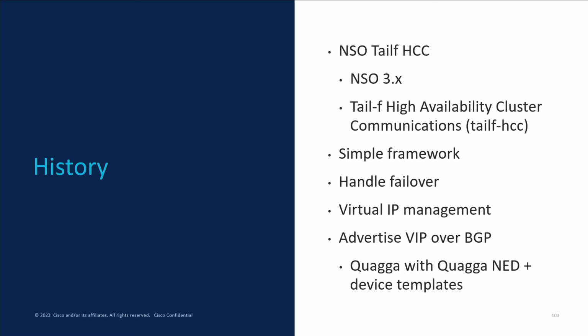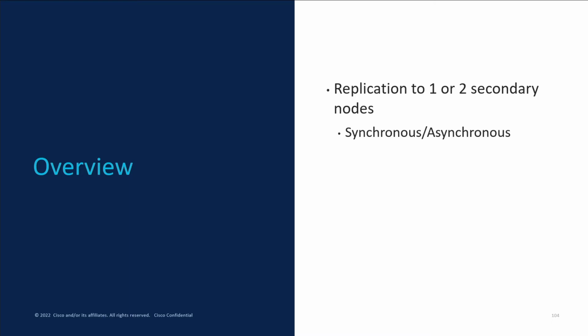Let's look a little bit forward. So what do we have now? So now we do support replication to 1 or 2 nodes. We can do synchronous or asynchronous replication. We can support automatic or manual failover. We support virtual IP.